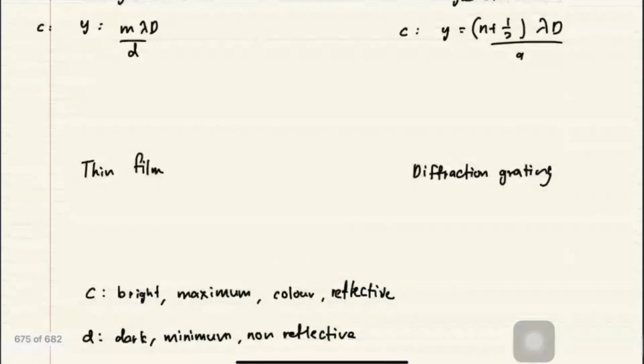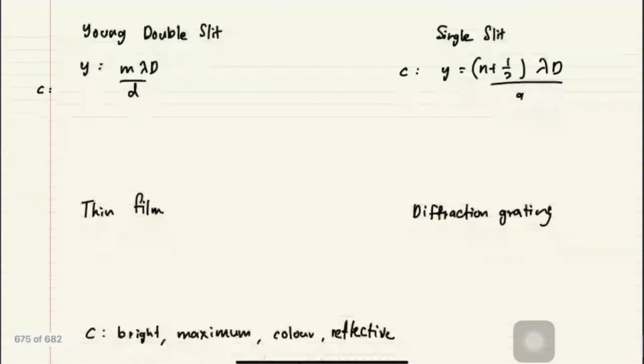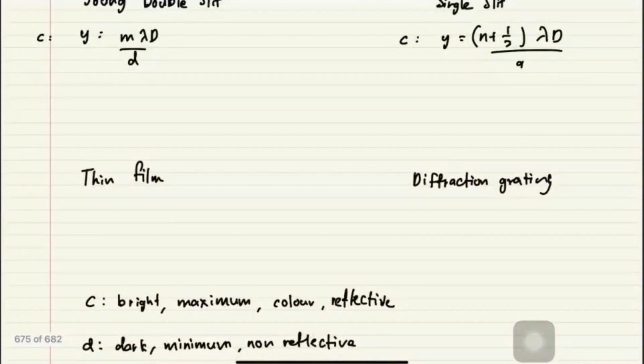Okay, so for thin film, you have in phase and anti-phase. In phase and anti-phase you determine yourself. Once you get the question, you draw 2 lines, and if the numbers are in sequence, whether going up or down, that is in phase.